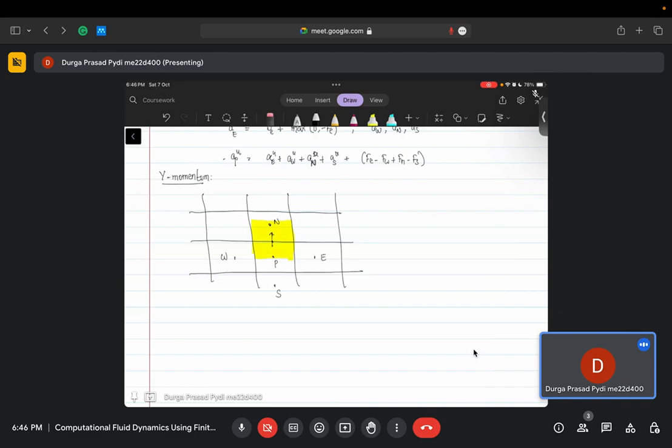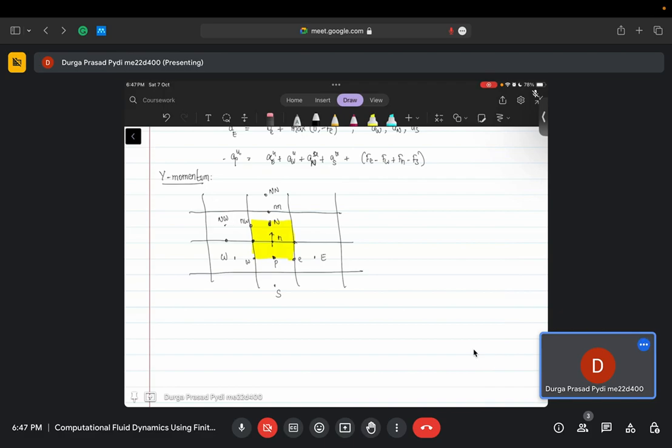Let me label all the face centroids. These are my face centroids. All the equations will remain similar.